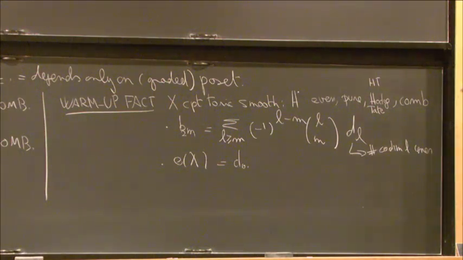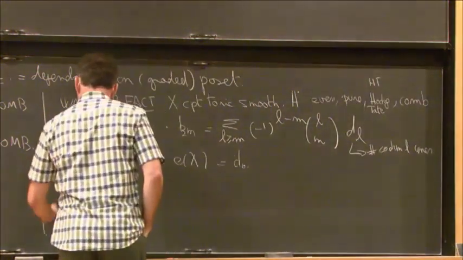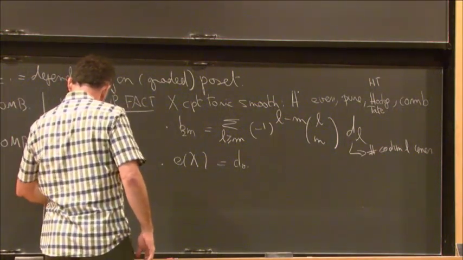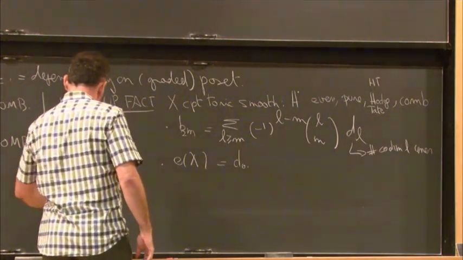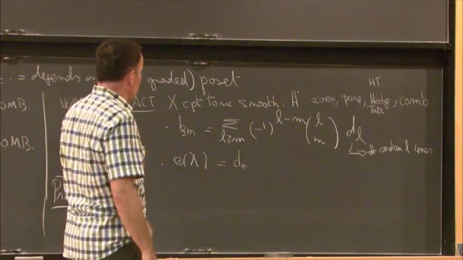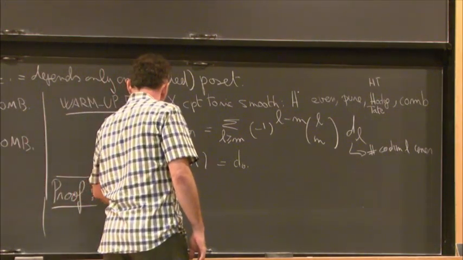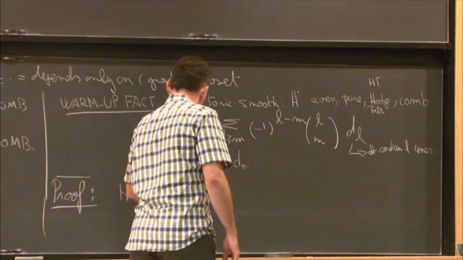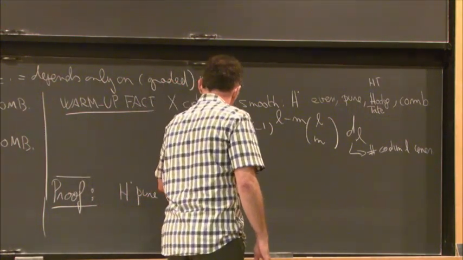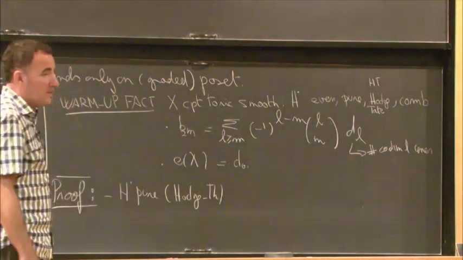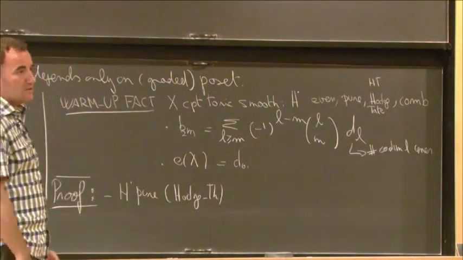So let's give a sketch. By Hodge theory, the cohomology is pure. Now, mixed Hodge theory, on the other hand, gives you the Hodge-Deligne polynomial.